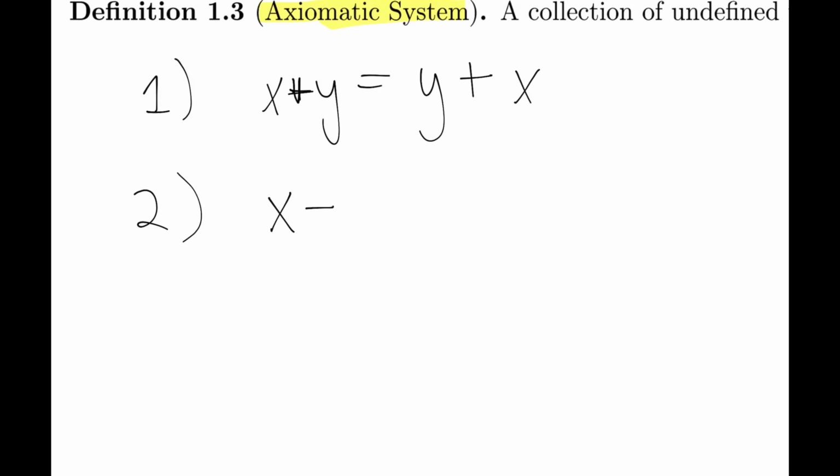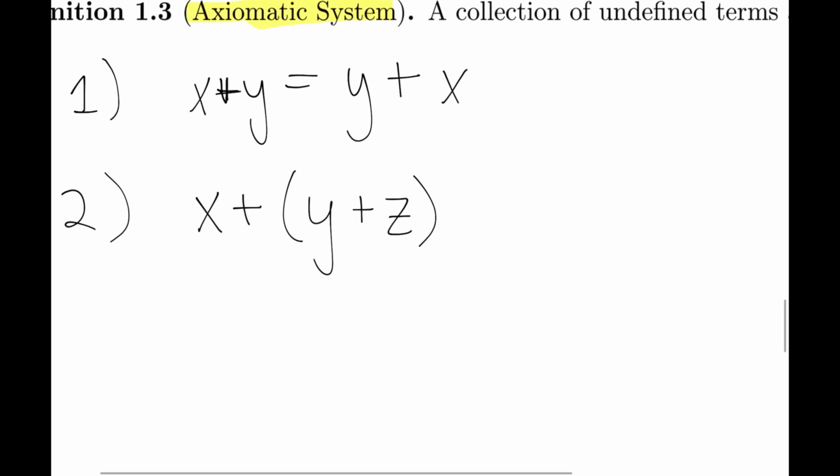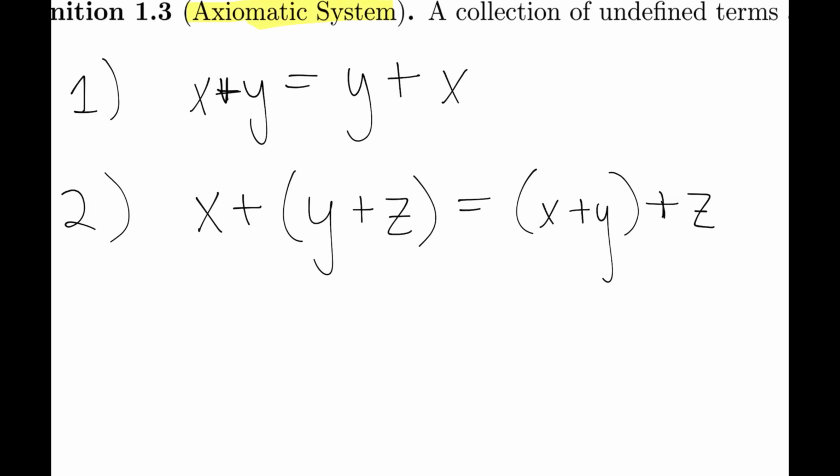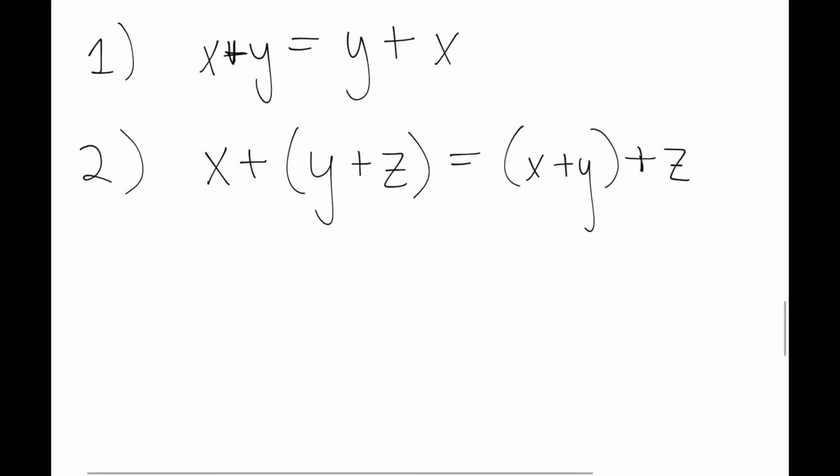Another thing that we assume is that addition is associative. So if I want to, I can just shift these parentheses around, give me something like this. What are some other things that you can think of? Well, the real numbers also satisfy... they have to play nice with addition and multiplication together.